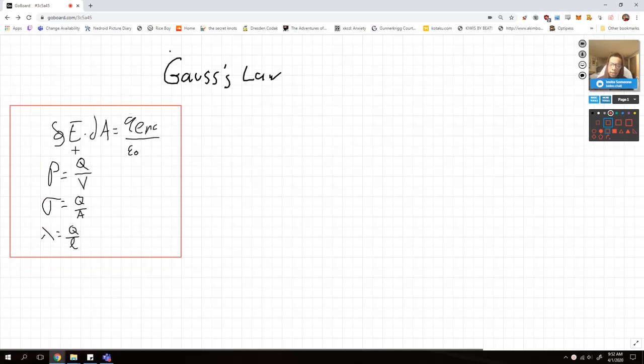This is Gauss's law: the integral over the enclosed surface of the electric field with respect to all the tiny pieces of area is equal to your charge enclosed divided by the permittivity of free space, epsilon naught, which again is a constant. And the most interesting part of Gauss's law is figuring out what this Q enclosed is. If we can do that, the rest of it is relatively straightforward. I will make that more clear as we go forward.